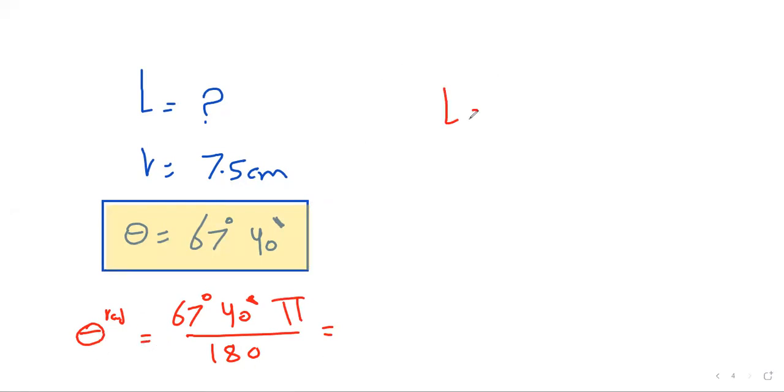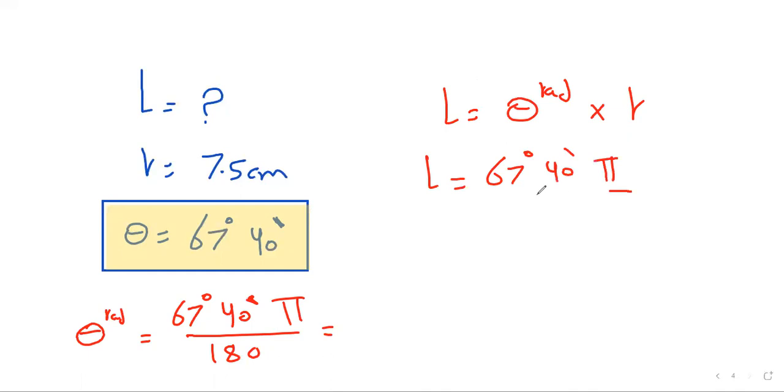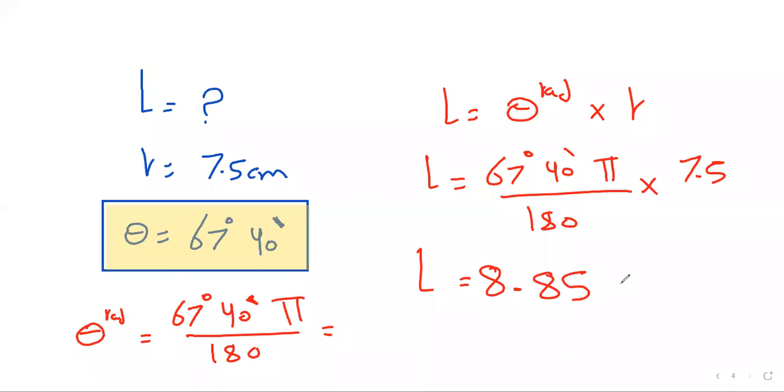So L equals theta radian times R. So L equals 40 pi over 180 times R. What is R? 7.5. Then multiply it by the calculator. L equals what? 8.85. 8.85 centimeters. Great.